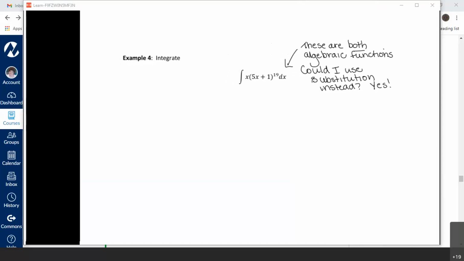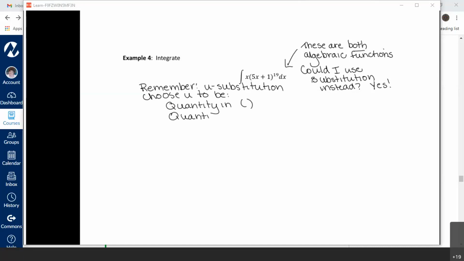So remember, u substitution: choose u to be a quantity in parentheses, a quantity in a denominator, which you write as a quantity in parentheses with a negative exponent, or a quantity in an exponent.